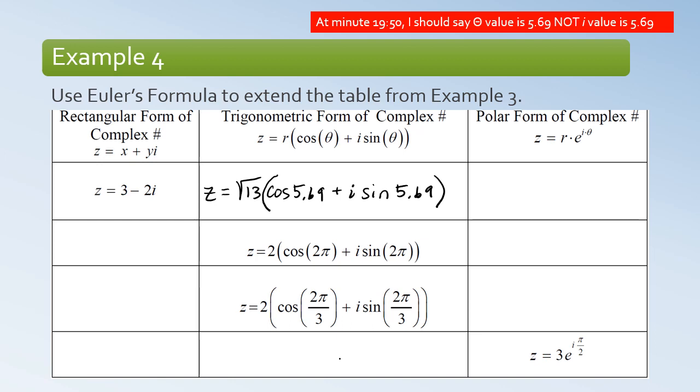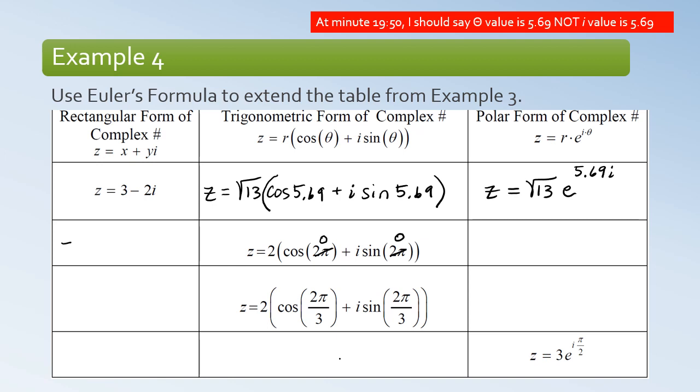The polar form simply says that z is equal to whatever my radius was, so in this case the square root of 13, times e to the i theta. Well, my theta value was 5.69, so I'm going to raise this to the 5.69i power, and that is it.